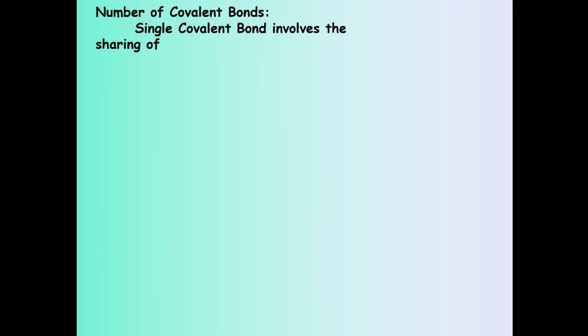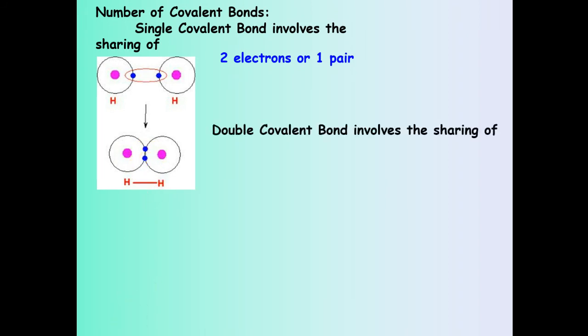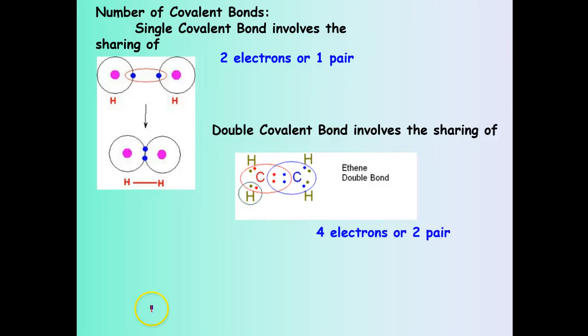A single covalent bond involves the sharing of two electrons or one pair, and we can see that here between the two s orbitals of the hydrogen atoms. A double covalent bond involves the sharing of 4 electrons, so we can see the 4 electrons are two pair, and if we take a look at this carbon atom, it has a complete octet.